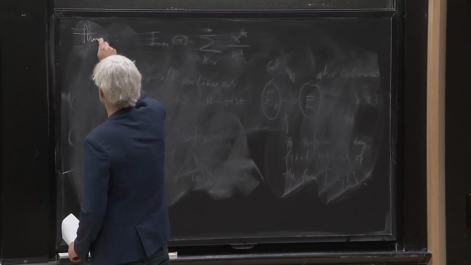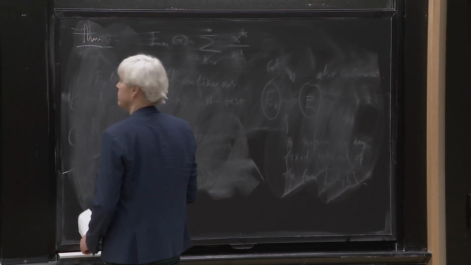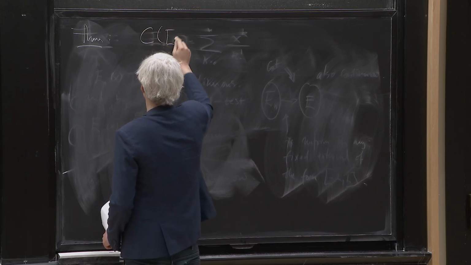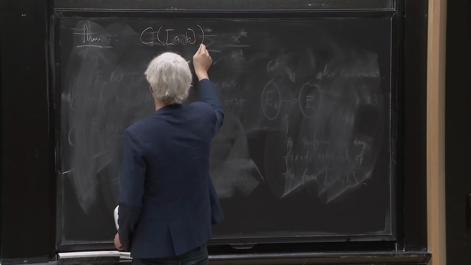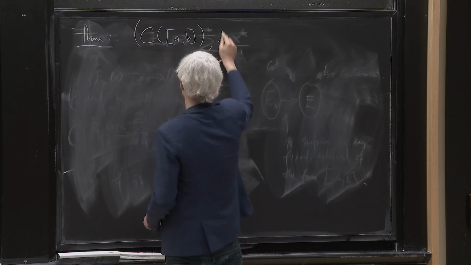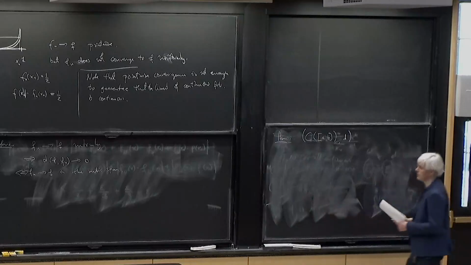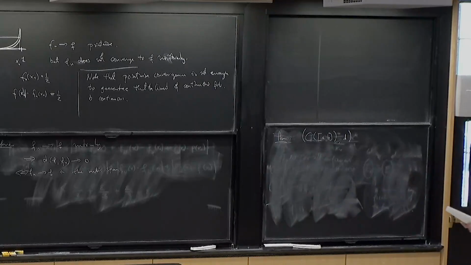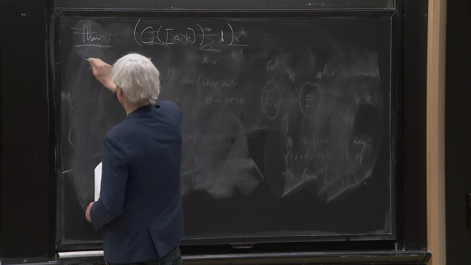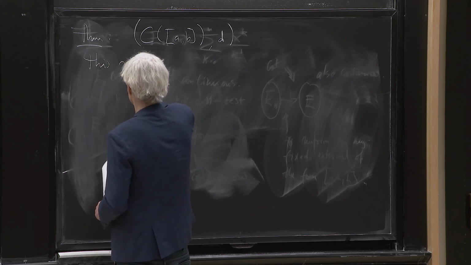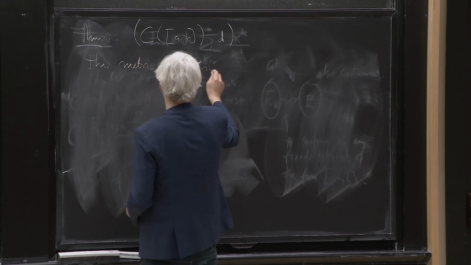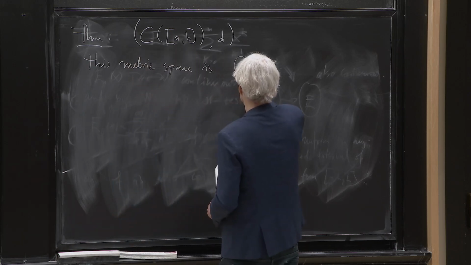So the theorem is this: if you take an interval from a to b and you look at the continuous functions and equip them with this metric that we talked about, then this space, which is a metric space, is Cauchy complete.